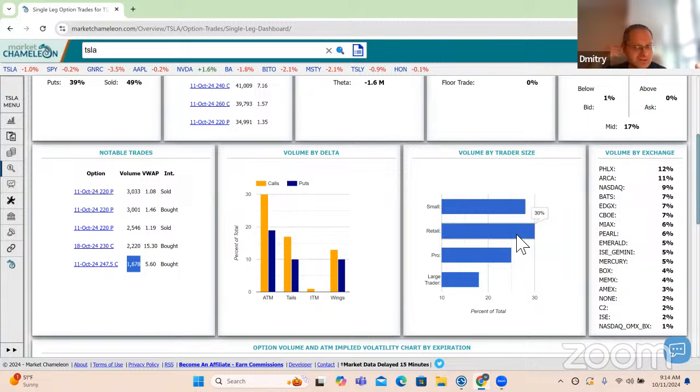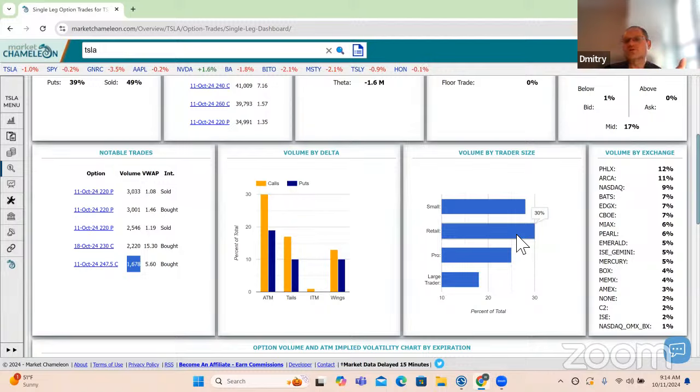Sometimes you get these one-contract trades, less than about $2,000 in notional. I think a small trader, they let you start out with less than 10 contracts. I'd have to look again, but typically it's up to your broker, and they'll cut you off based on the number of contracts and notional value.